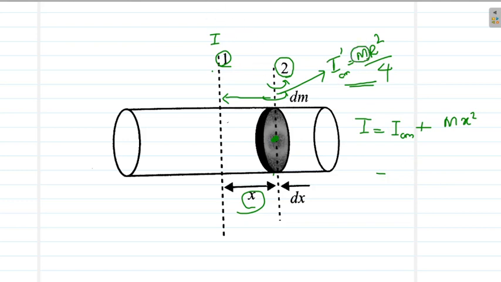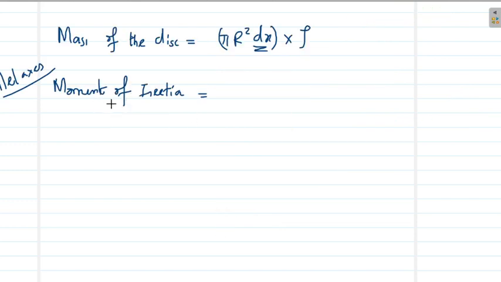The mass that we substitute here should be the mass of the disk, not the whole mass of the cylinder. This small m, capital M, corresponds to the mass of the disk, and here too this capital M or small m should correspond to the mass of the disk, because we are trying to calculate the moment of inertia of the disk.